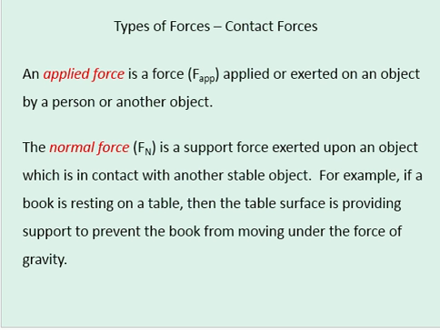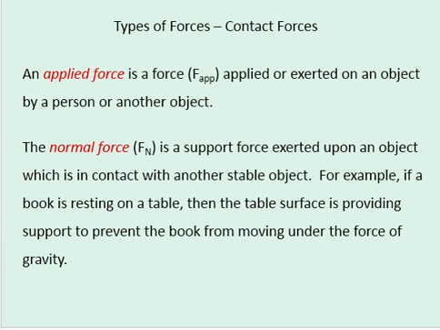The normal force is a support force exerted upon an object which is in contact with another stable object. This means something is supporting it. So if you have you standing up here in class on the floor, the reason that gravity doesn't pull you towards the ground and change your motion is because the floor is supporting you. That's that stable object providing another force.